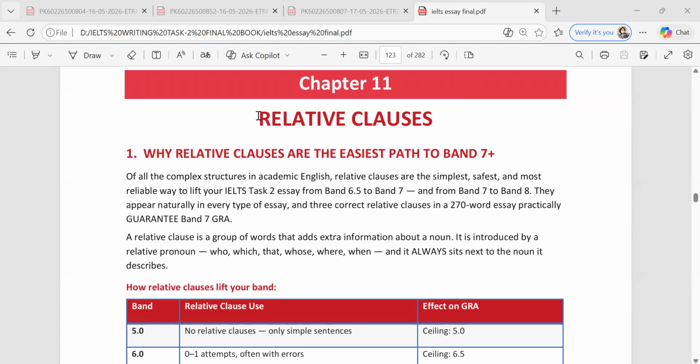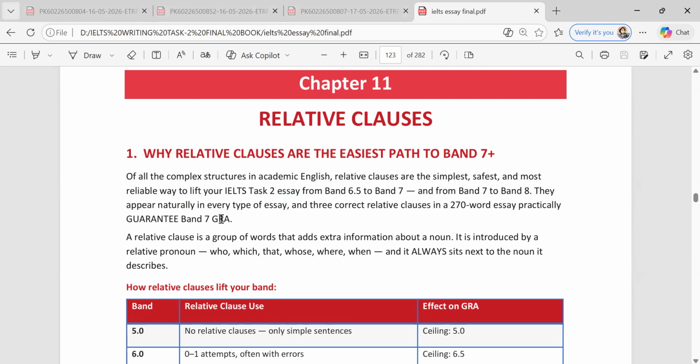Okay, let's talk about relative clauses and why relative clauses are the easiest part to achieve a 7 plus band in IELTS. Of all the complex structures in academic English, relative clauses are the simplest, safest, and most reliable way to lift your IELTS Writing Task 2 essay from 6.5 to 7 plus band, and from 7 to 8 band.